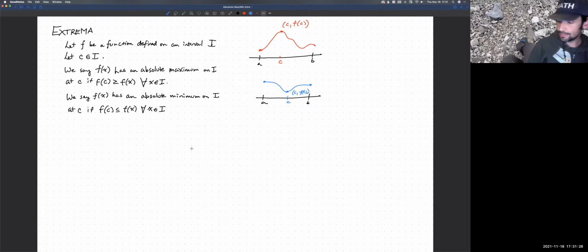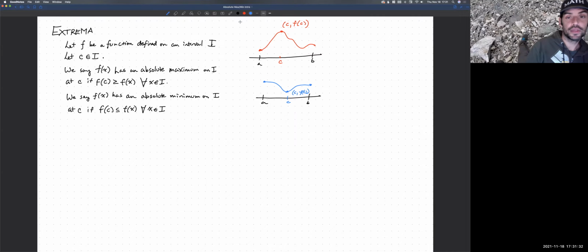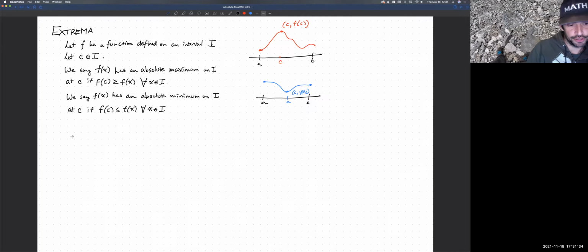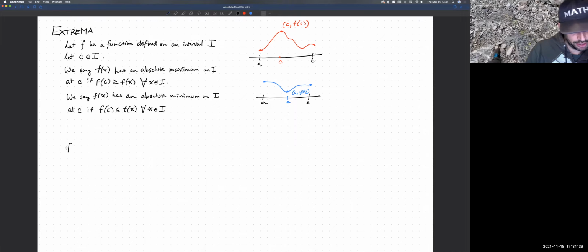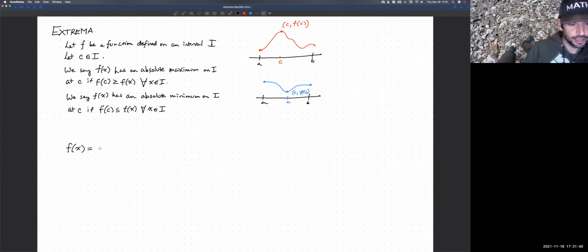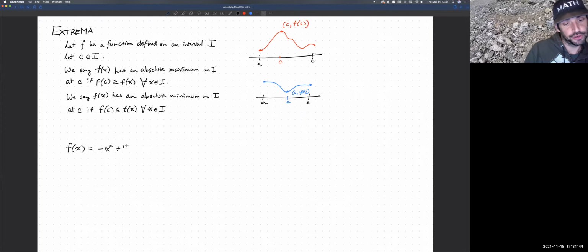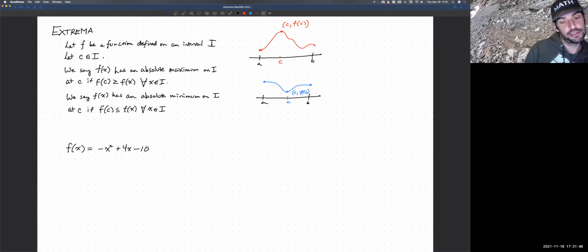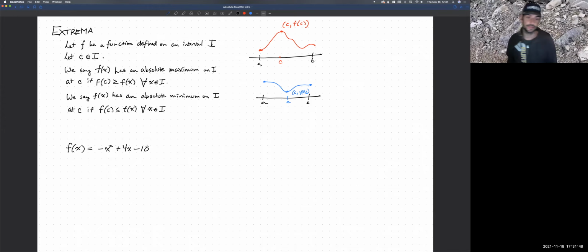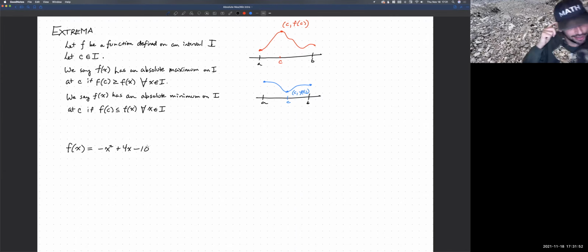So let's do an example of an absolute maximum and an absolute minimum. Let's look at the function f of x is equal to negative x squared plus 4x minus 10. So this is a parabola.